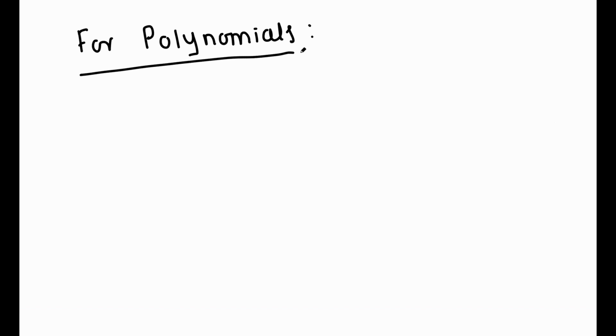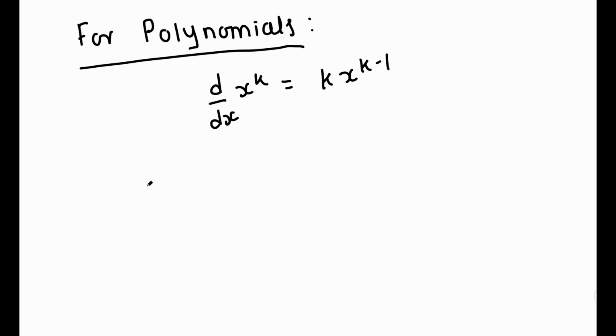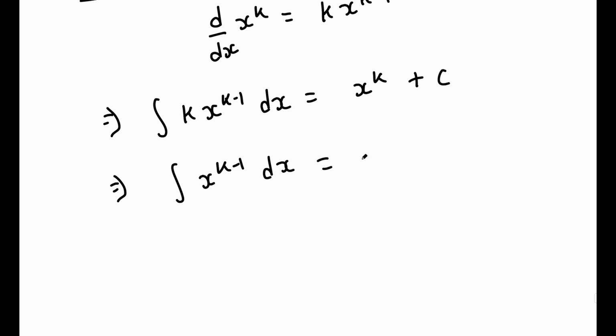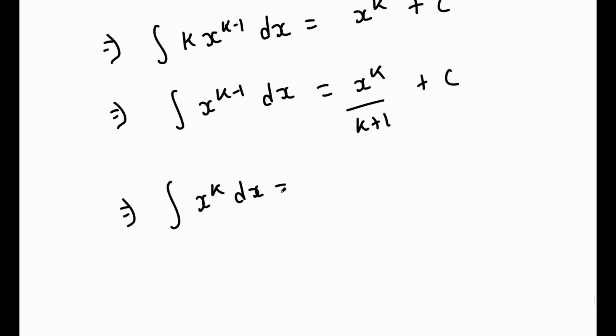For polynomials, we know that the derivative of x raised to k is k into x raised to k minus 1. This implies the antiderivative of k into x raised to k minus 1 is x raised to k. Therefore, integral of x raised to k dx equals x raised to k plus 1 by k plus 1 plus constant, where k is not equal to minus 1.